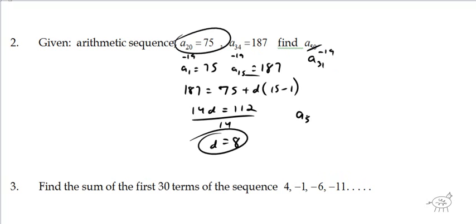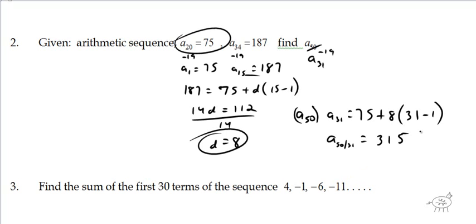So it's really a sub 50, you kind of put in parentheses, but a sub 31 is equal to 75, because that is our new a sub 1, plus 8, because now we have our value of d, times 31 minus 1. So a sub 31, or really a sub 50, I'll put both 31 and 50, is equal to 315. Just be careful, but you have to shrink it down to get an a sub 1 so you can use the formula.